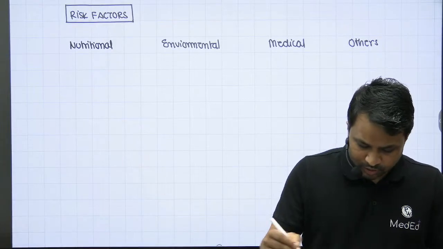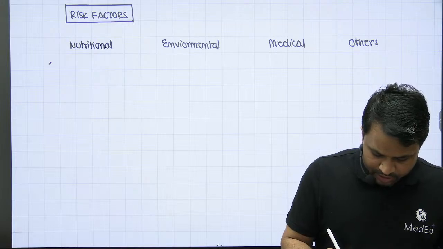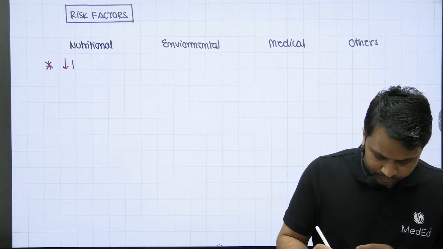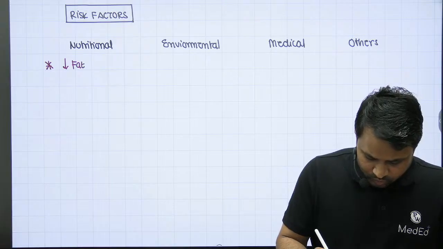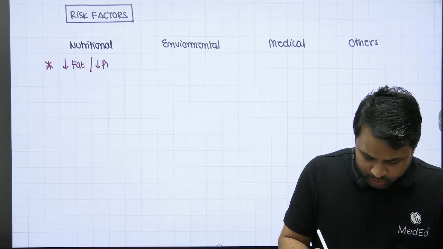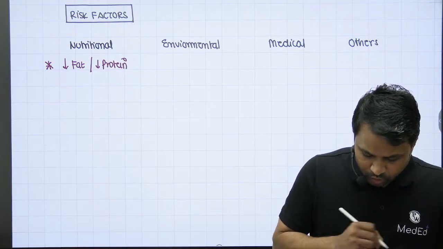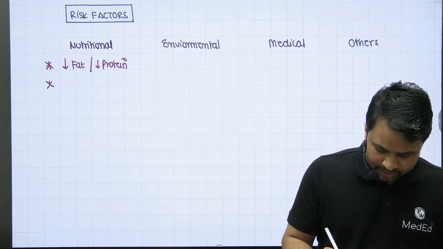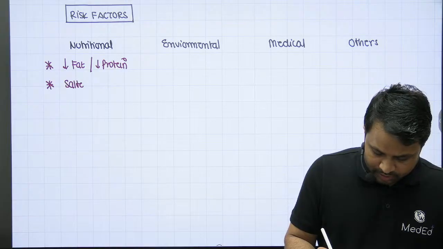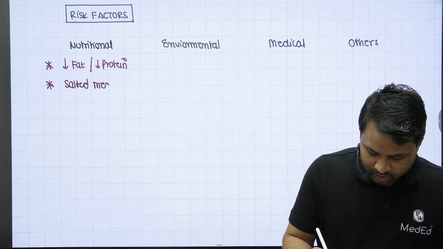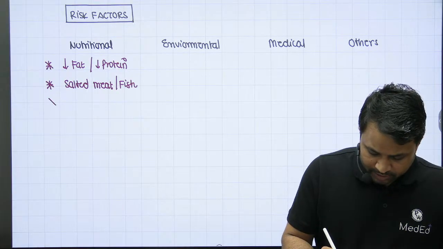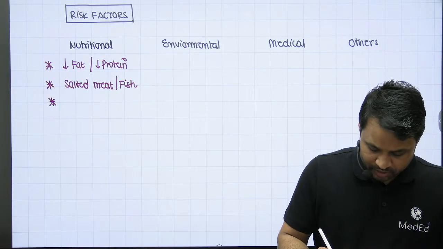So when it comes down to the nutritional risk factors, any patient who has a low fat intake or low protein intake can increase the risk for CA stomach. Then if there is a patient consuming salted meat. Now this salted meat can be salted fish also, which is dried, again increasing the risk for CA stomach.